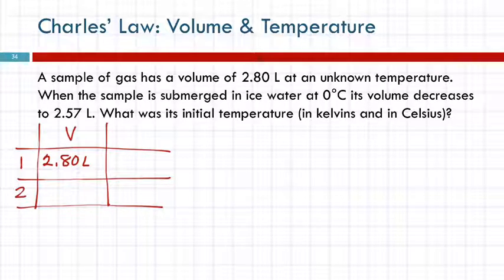So 0 as a temperature is going to go over here, and 2.57 is the volume associated with that temperature. If you want to put both of these in row 1 and put the 2.8 down there, that's fine. It doesn't matter. It'll end up the same. What's important is you get the correct things associated with each other. 2.57 liters and 0 degrees Celsius go together.